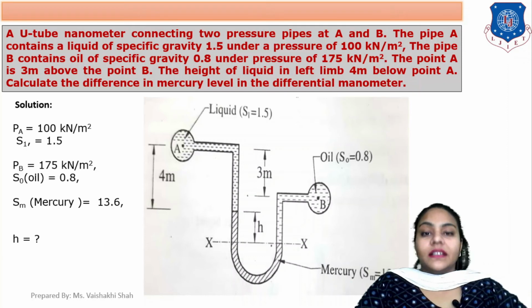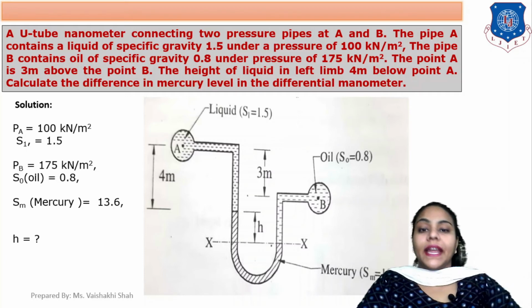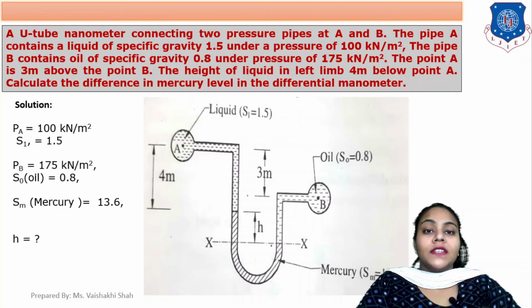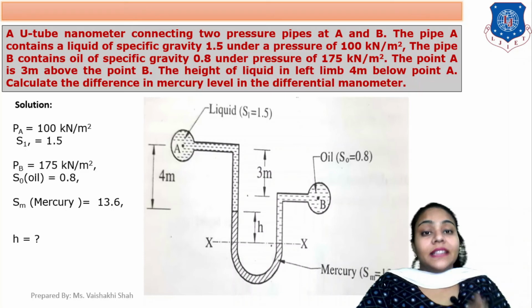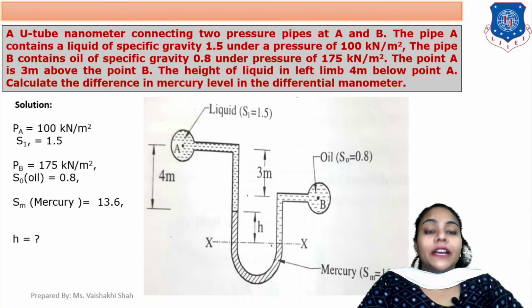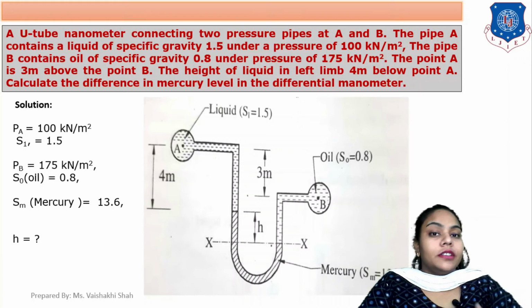Pipe B contains oil of specific gravity 0.8 under a pressure of 175 kilonewton per meter square. The point A is 3 meter above the point B. The height of liquid in the left column is 4 meter below point A. Now calculate the difference in mercury level in the differential manometer.